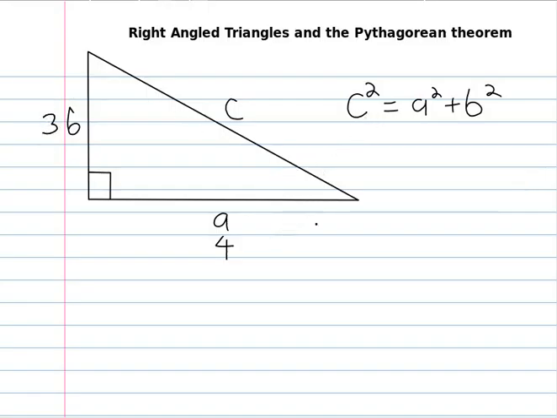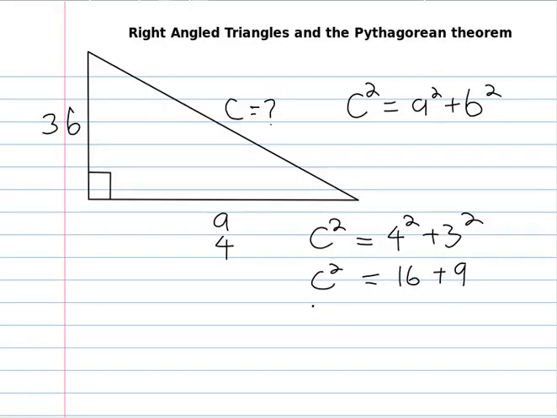So we have our formula here, which is c squared, which we don't know, so let's put a question mark there. So c squared equals 4 squared plus 3 squared. Okay, so that means that c squared equals 4 squared is 16 plus 3 squared is 9.